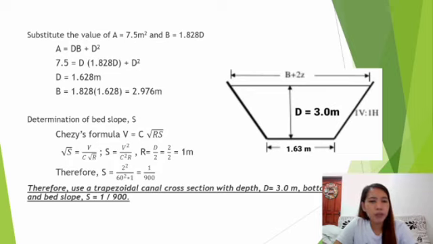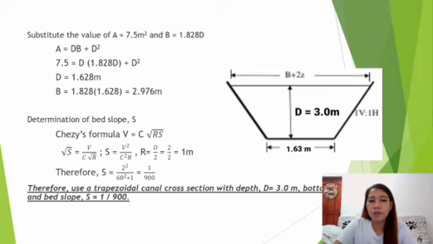There we can get the value of S, which is 1/900. Therefore, for our trapezoidal canal cross section, we have a depth D, a bottom width B, and a bed slope S equal to 1/900.